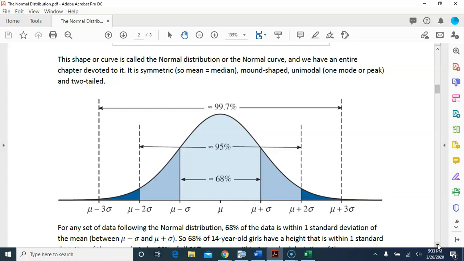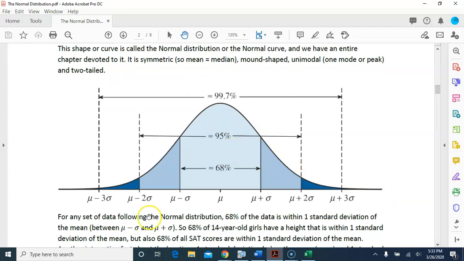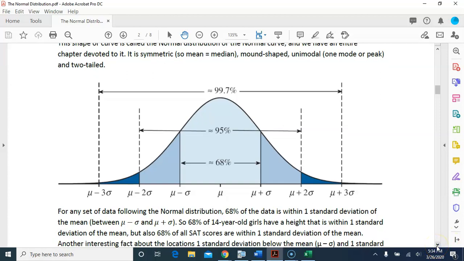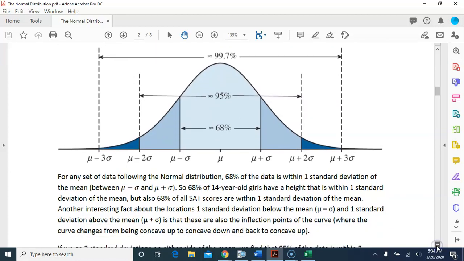Any data that follows a normal distribution, 68% of the data will be within 1 standard deviation of the mean. So that's from 1 standard deviation below the mean to 1 standard deviation above the mean. So if we're talking about the height of females, 68% are within 1 standard deviation of the mean. If you're talking about SAT scores, 68% are within 1 standard deviation of the mean.